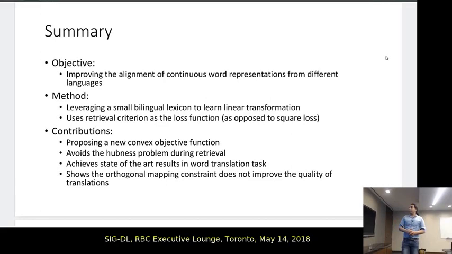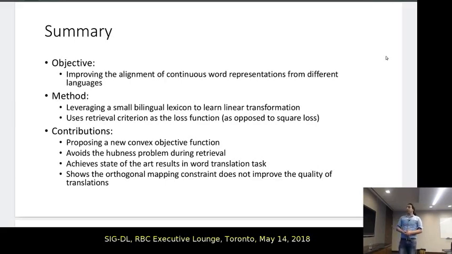The other method it uses suggests a new criterion for the loss function. We'll see what that is. This is very high level at the beginning; we get to it at the end, and then you can appreciate all the differences it makes. So, proposing a new convex objective function avoids the hardness problem.